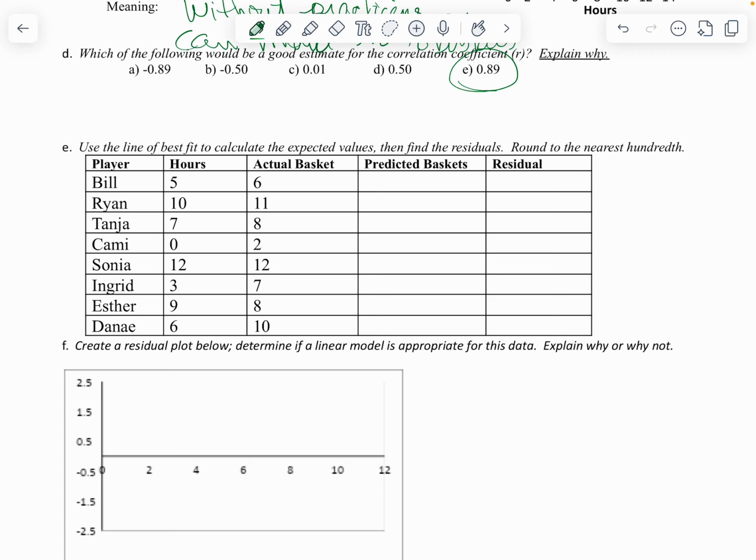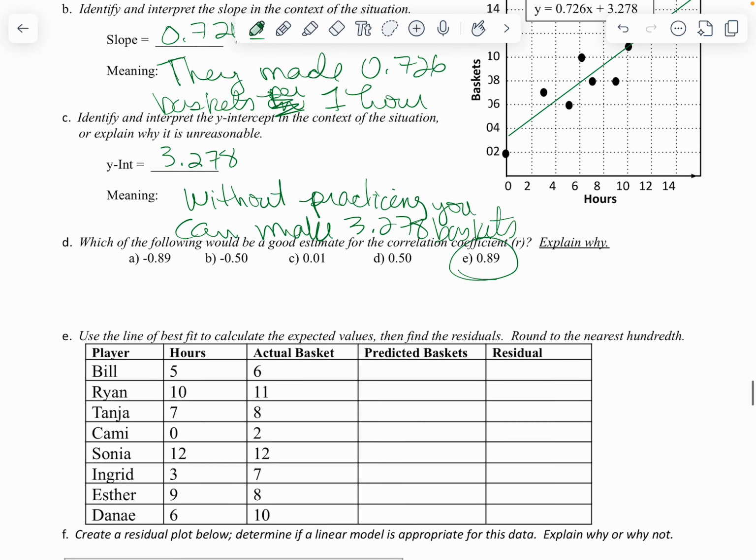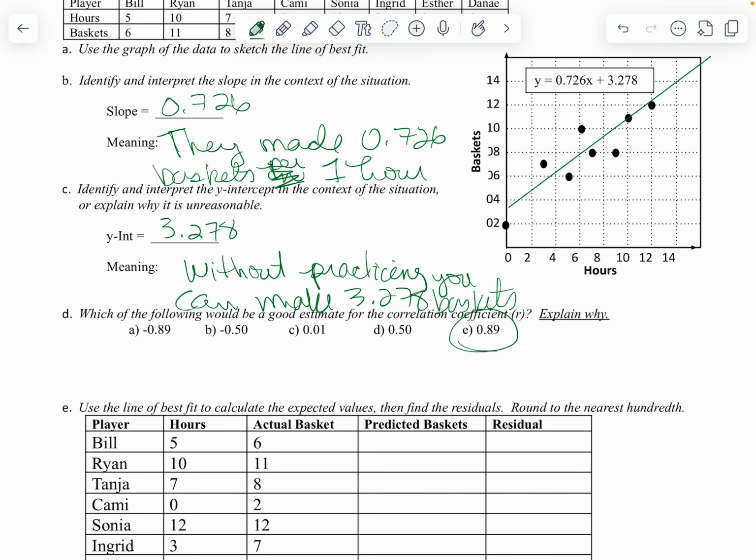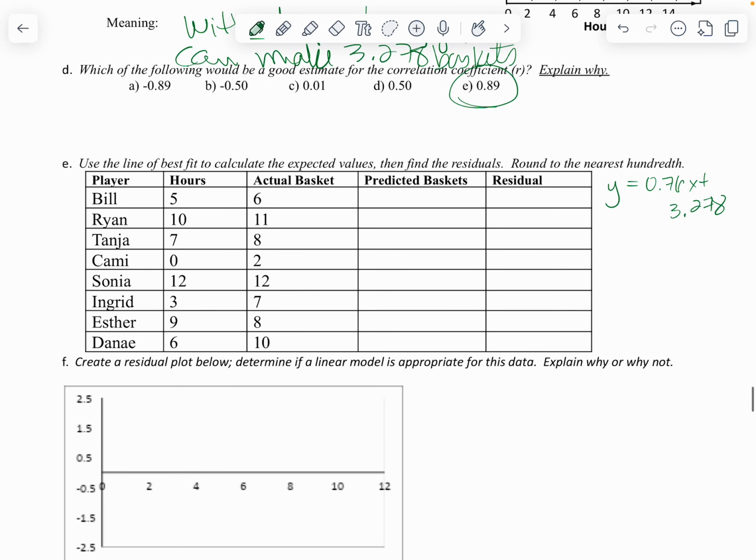So I'm going to rewrite this equation down here. Y equals 0.x plus 3.278. What we're going to do is take the hours and plug them in. If I plug in the hours, I would get 6.91. If I plugged in 10, I would get 10.54.